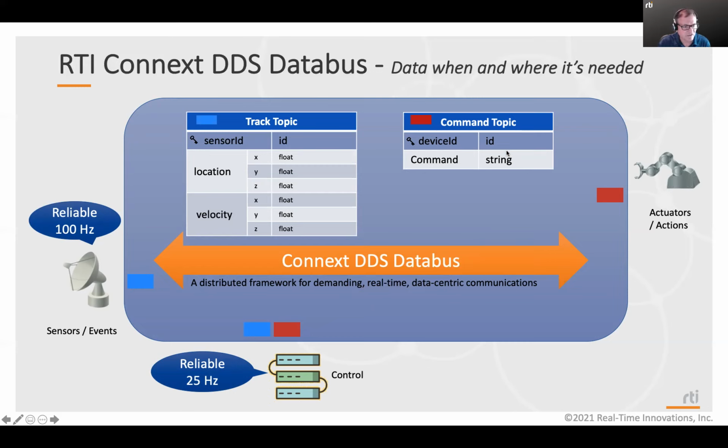And the beauty of that is this system may evolve over time. It may have many more sensors or different types of sensors and actuators, but each of these actuators and each of these sensors will generate a certain set of topics that have been predefined. And you can extend those, but generally speaking, what you see happen in systems is that even though the system may evolve, the topics in the data model quickly solidify.